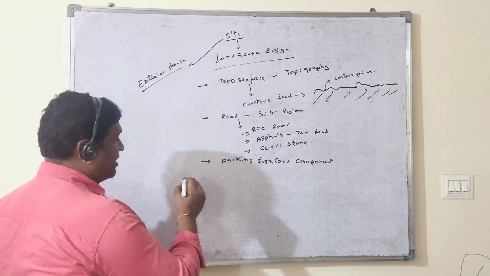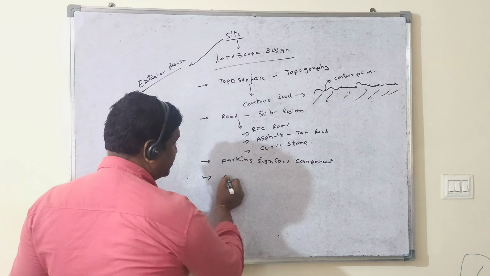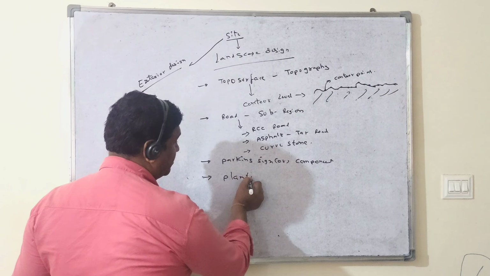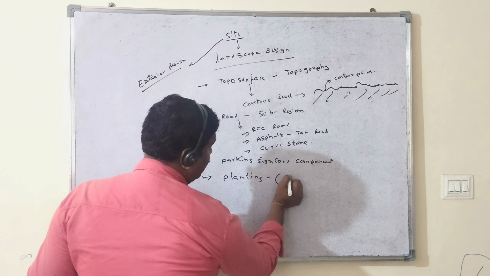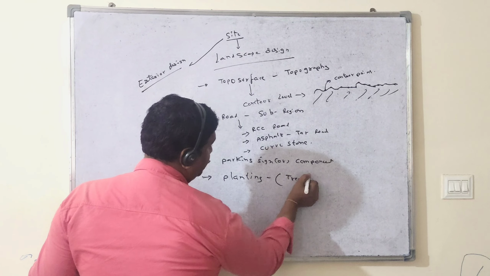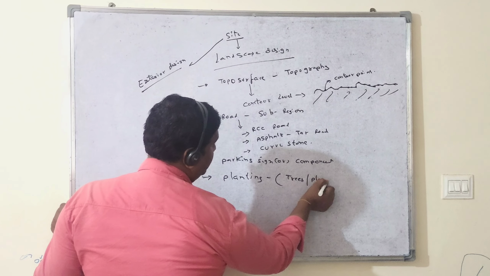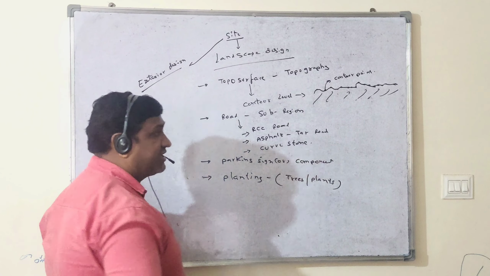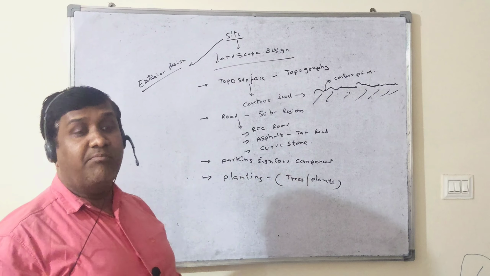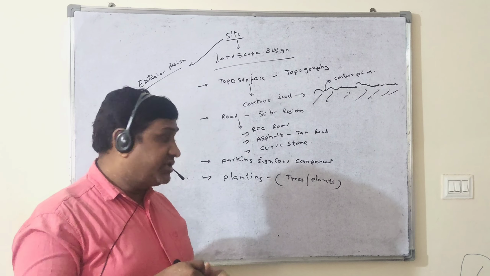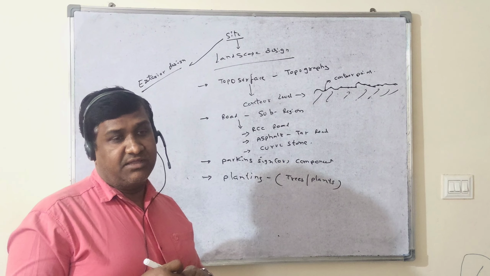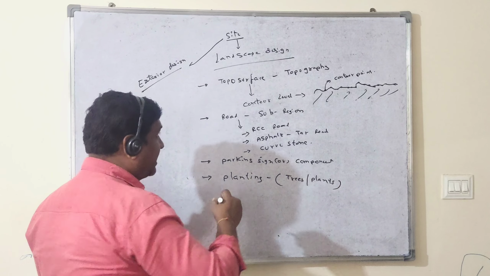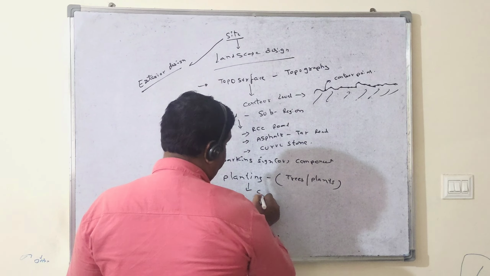Then you have to put some planting. Planting means here trees and plants. We can provide some of the trees, we can provide some of the plants also. So trees and plants we can provide by using planting, and this planting we will call a site component.